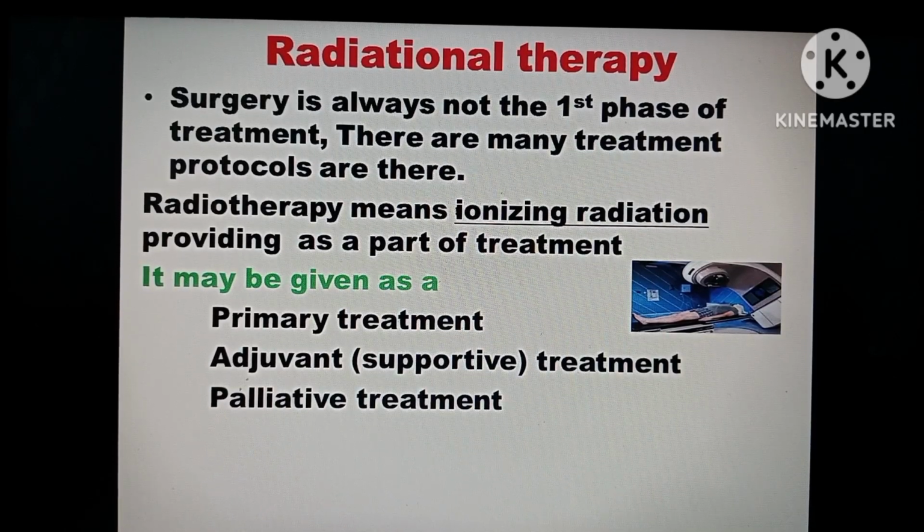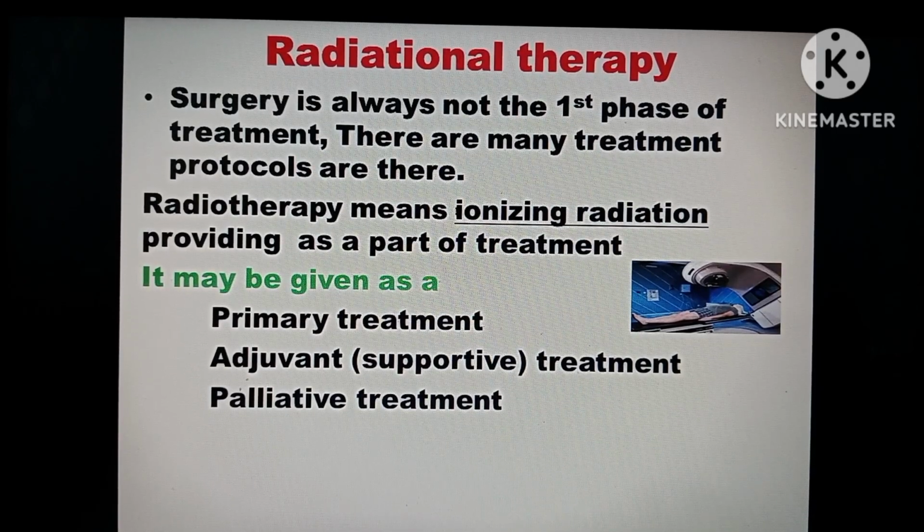During the surgery, doctors will try to remove as much cancer as possible, but it may not be possible to remove everything. Here and there, a few cancer cells will remain hiding. So after the surgery, they will give radiation therapy to kill the remaining cancer cells.